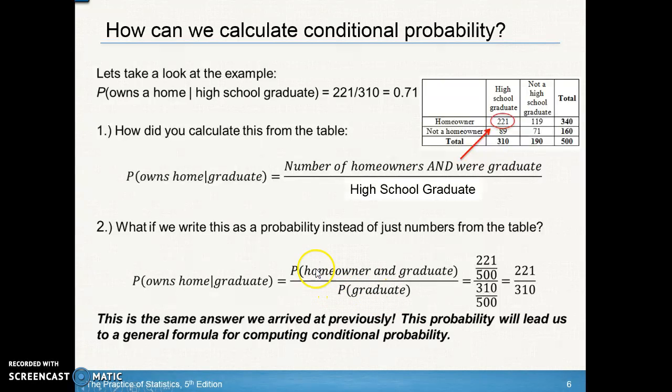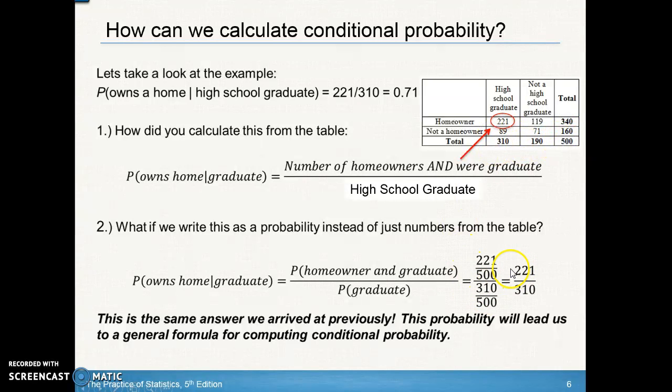That's the condition. So if we're strictly looking at the probabilities and not just the numbers from the table, we're still going to get the same answer. You're taking a look at each of these two probabilities, assuming that there are no conditions on them. The probability that they're a homeowner and a graduate, the intersection, is 221 out of 500, given that the probability that they were a graduate is 310 out of that 500.